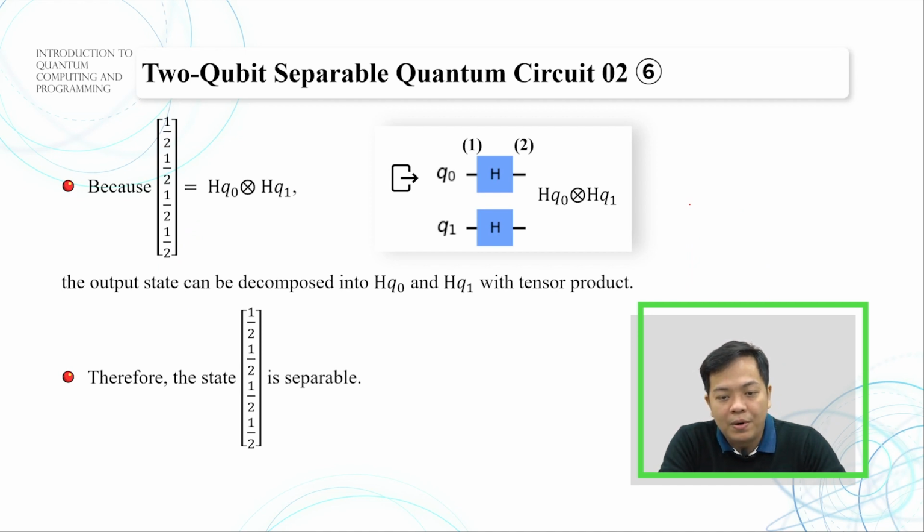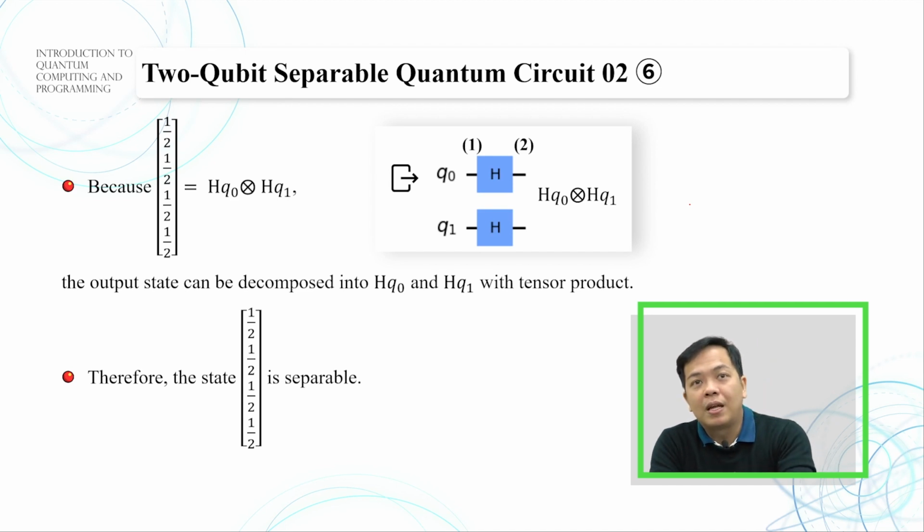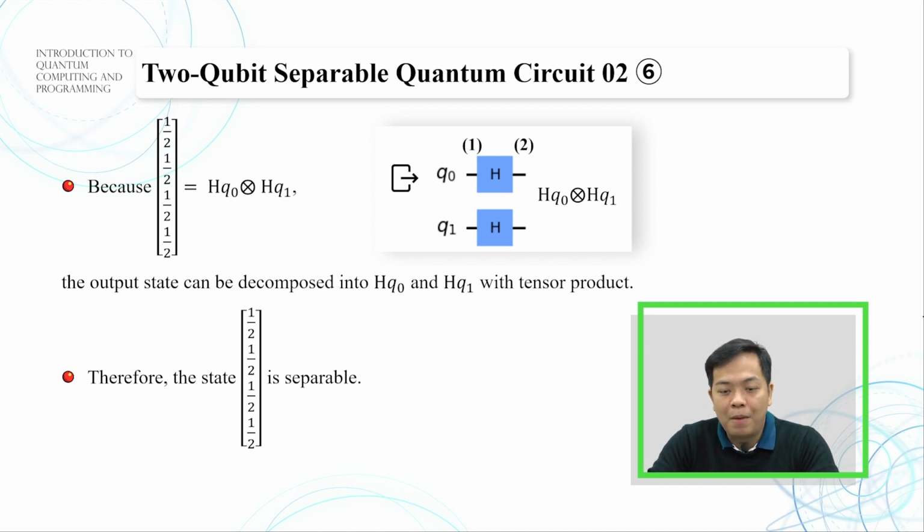This is very important. Now you can split the final result into two parts, and make the tensor product of the two vectors together. It means the output can be decomposed into these two parts with tensor products.